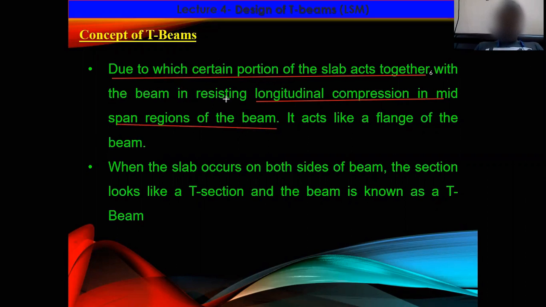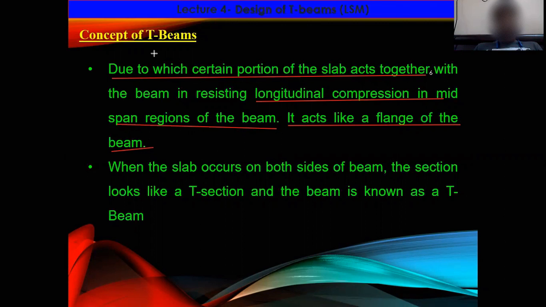If you extend the stirrups as well as bent-up bars into the slab, then it will act as a monolithic member. And due to that, a certain portion of the slab acts together with the beam in resisting longitudinal compression in the mid-span regions of the beam. So it acts like a flange of the beam.